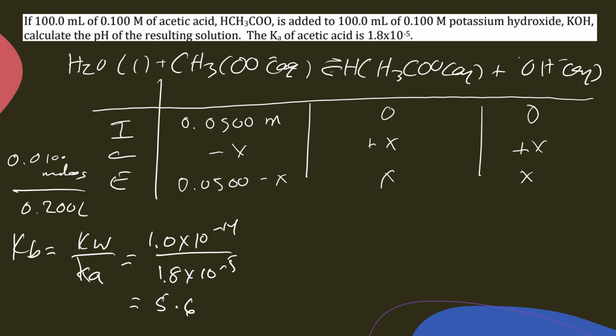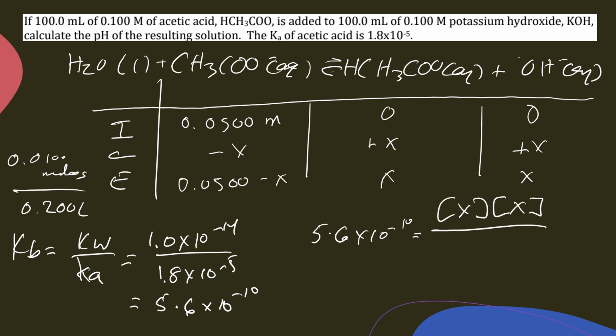That gives 5.6 times 10 to the negative 10. Because we're dealing with bases, you can make this 5.6 times 10 to the negative 10 equal to the concentration of X times the concentration of X over 0.0500 minus the concentration of X.